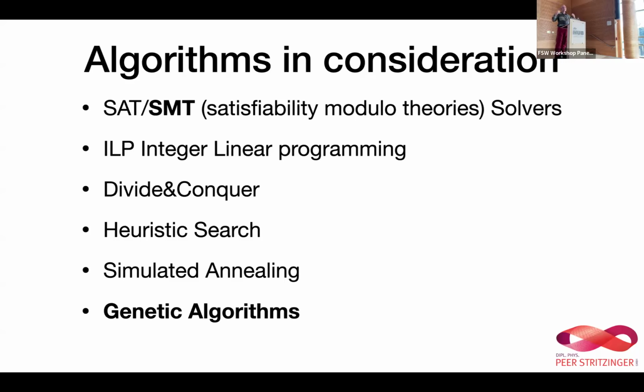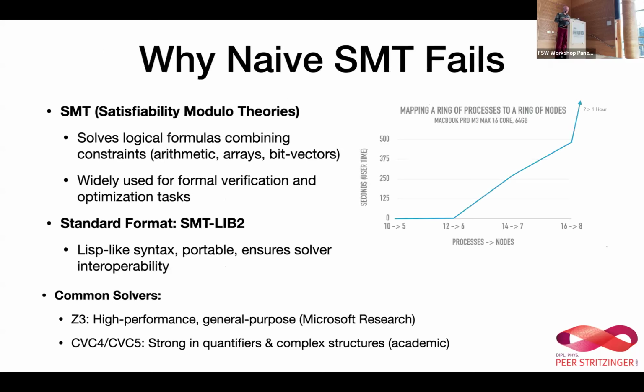So there's manual intervention necessary, also for heuristic search. What you need is a good heuristic, which is the hard part of heuristic search, finding a good heuristic, and there is also a lot of hand tuning involved. And then we have the more generalized methods like simulated annealing and genetic algorithms, with genetic algorithms being the most general one. So let's look at SMT solvers.